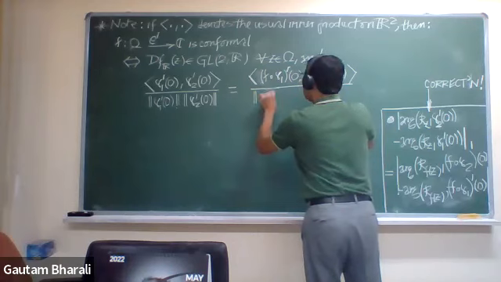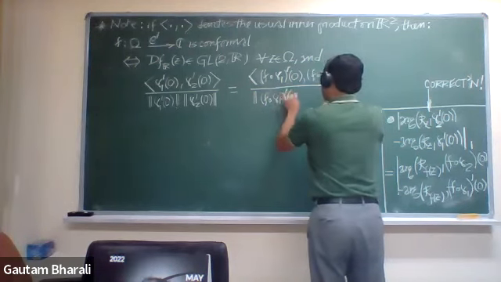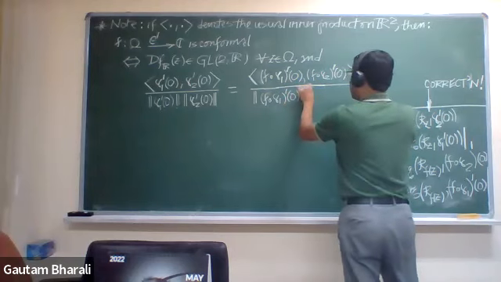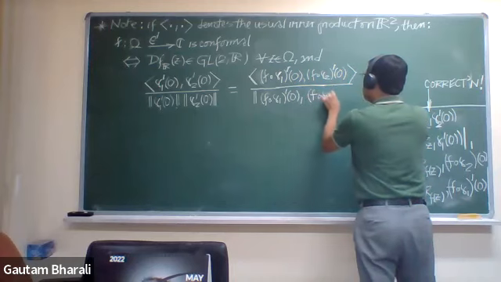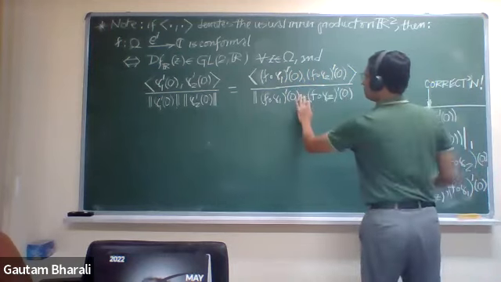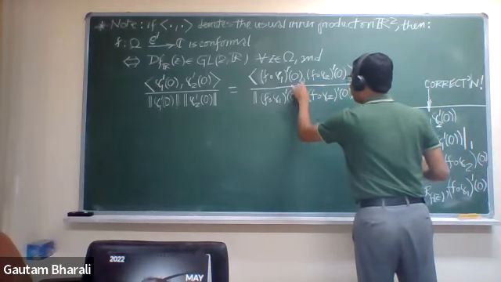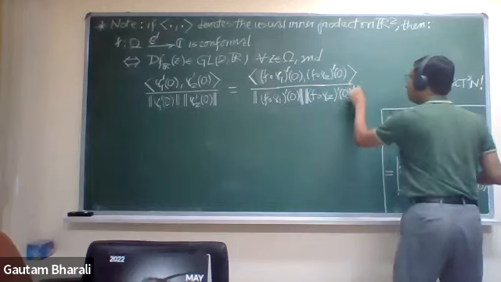So F composed with gamma 1 prime at 0, comma, F composed with gamma 2 prime at 0. So I have these normalizations as well, right?